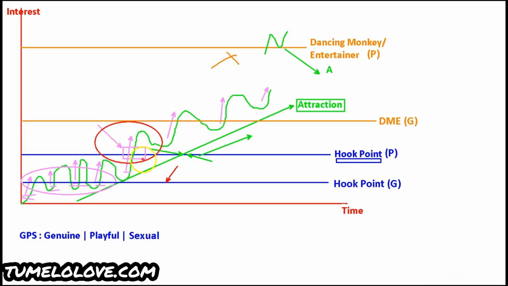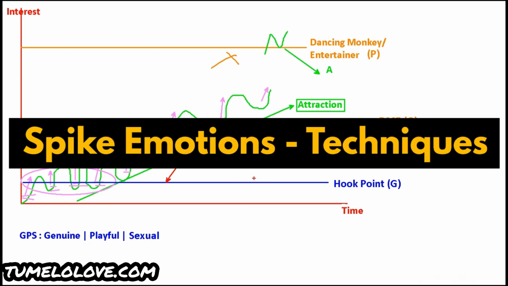So let's now talk about these spikes in emotions, the actual spikes themselves. What physical techniques can you start to use to actually develop these spikes in emotions and these spikes in interest?